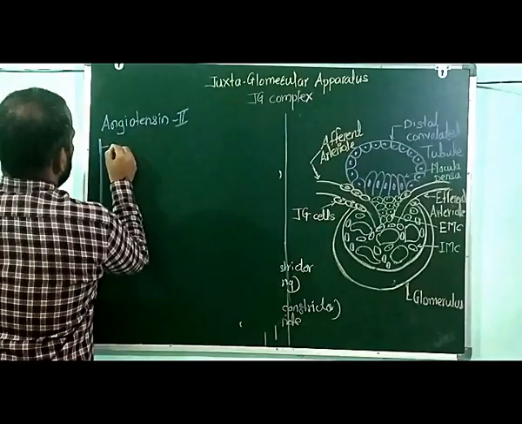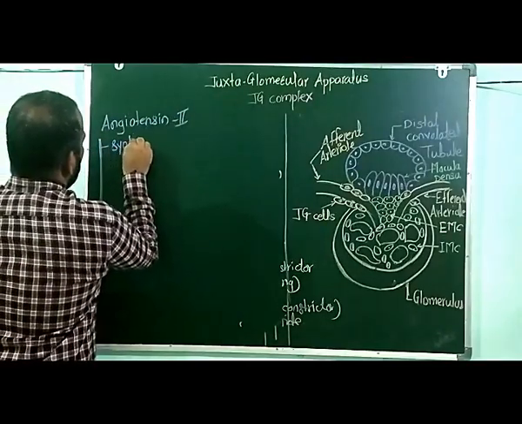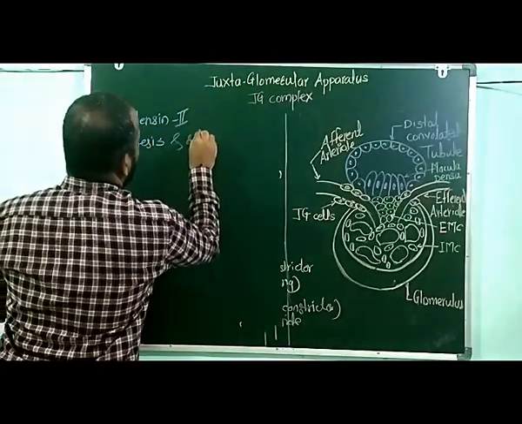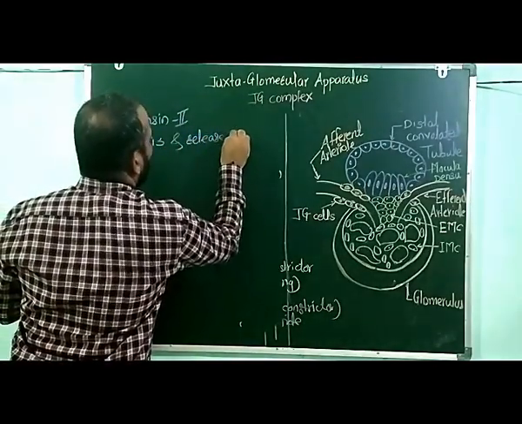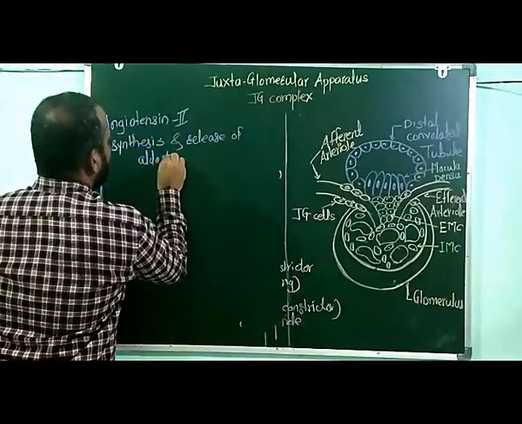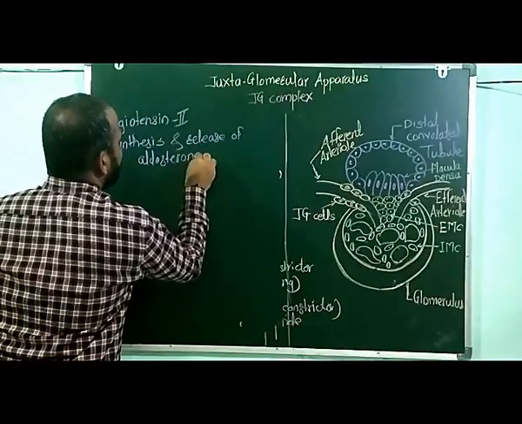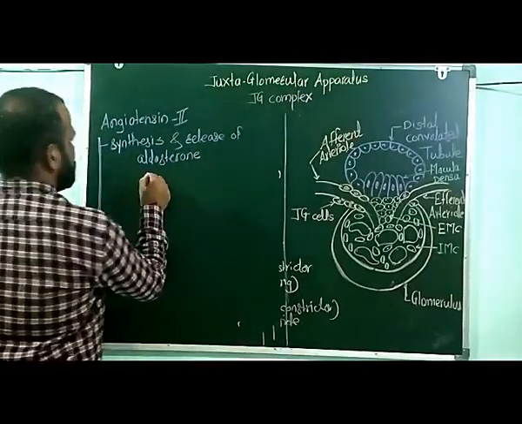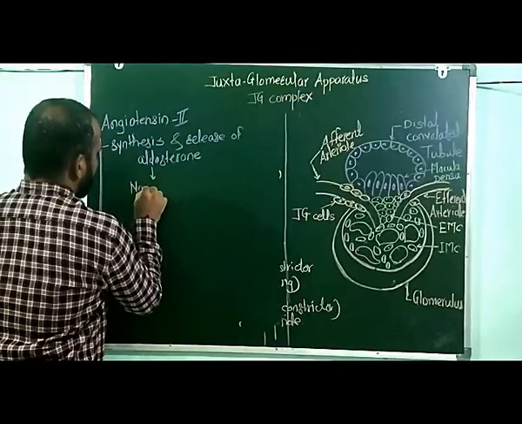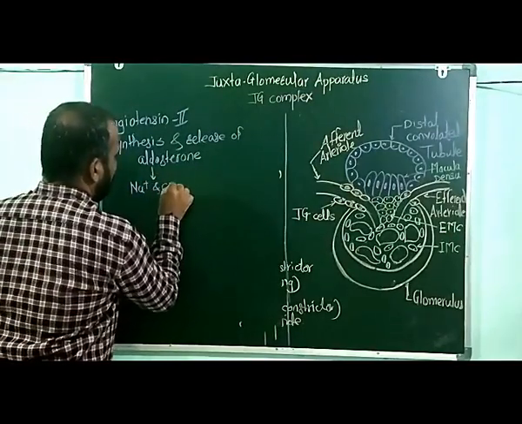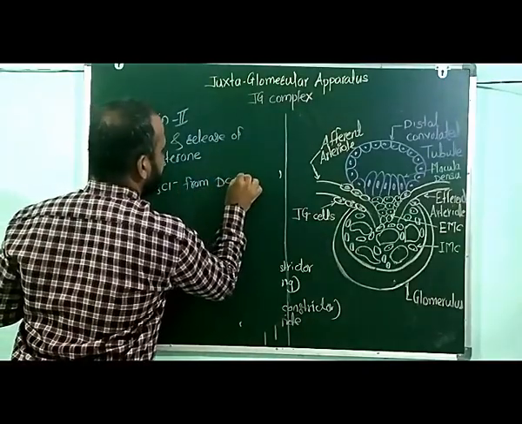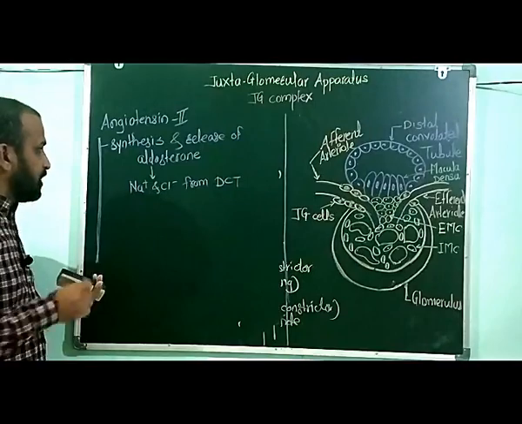It causes synthesis and release of aldosterone. Because of this aldosterone, there is reabsorption of sodium and chloride from DCT, that is distal convoluted tubule.